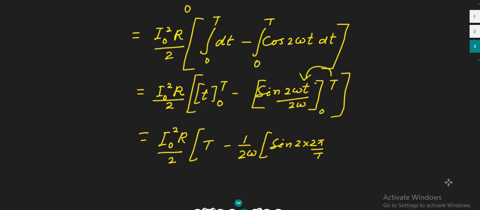and then it will be sin 2, and put the value of omega, which is 2 pi by T, and putting the upper limit, which is capital T, minus next you can put the lower limit sin 0, which becomes 0, that means the total portion of this second part will be 0.